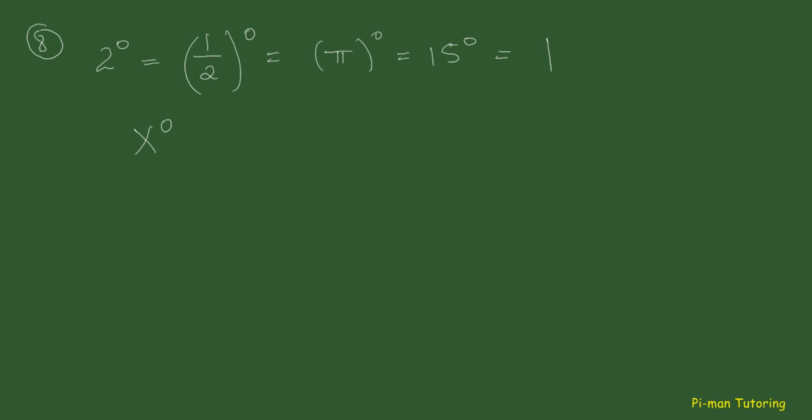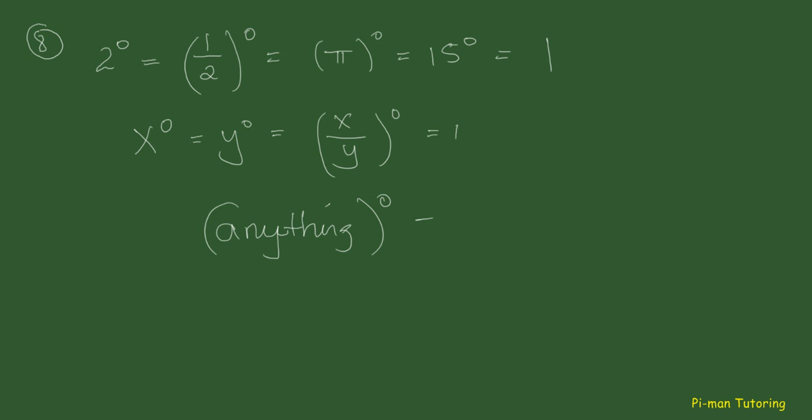X to the 0 is the same as y to the 0 is the same as x divided by y to the 0. It doesn't matter what it is, it's still 1. Anything to the power of 0 is 1.